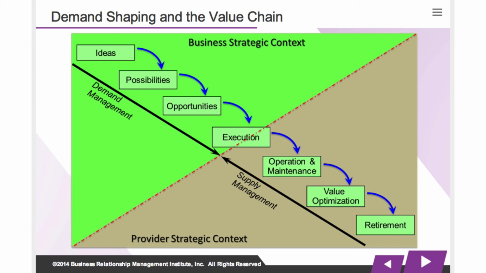The BRM's role focuses on demand management and use, optimizing the value actually realized from a provider investment or asset. Demand and supply management meet when it's time to think about how to actually execute a particular IT opportunity. A key point: you tend to gain increasing clarity and structure as you move through the process.